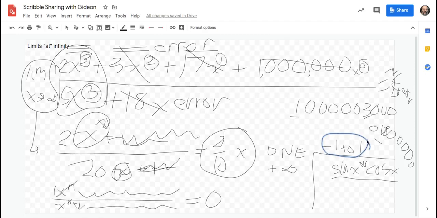Remember, a constant is a polynomial of degree 0. So if you've got some polynomial of degree n greater than 1 on the bottom, then it's going to shrink to nothing. The sine or cosine will act like a constant, and then the bottom will be a higher degree than just a constant. Of course, the fun begins when you have x squared over x cubed.